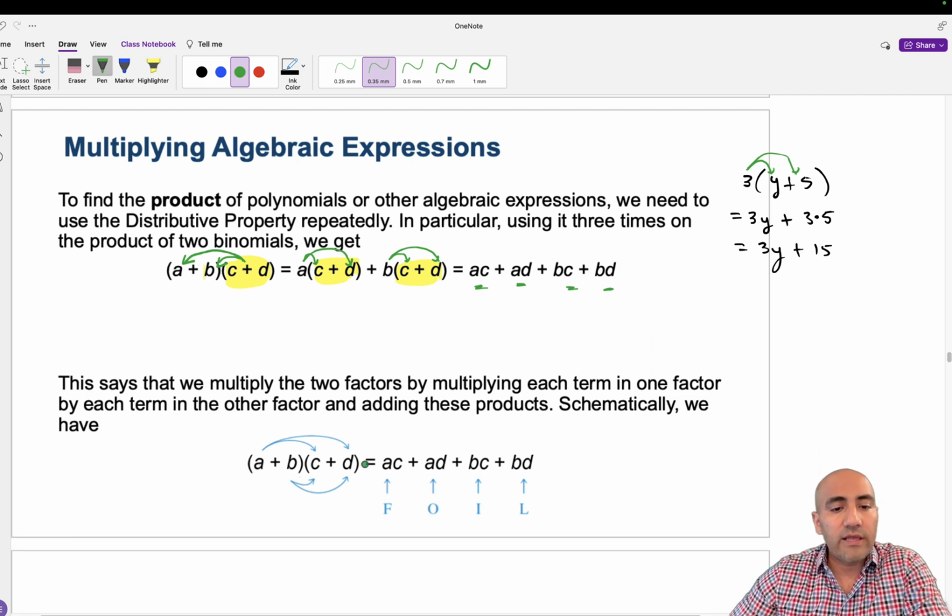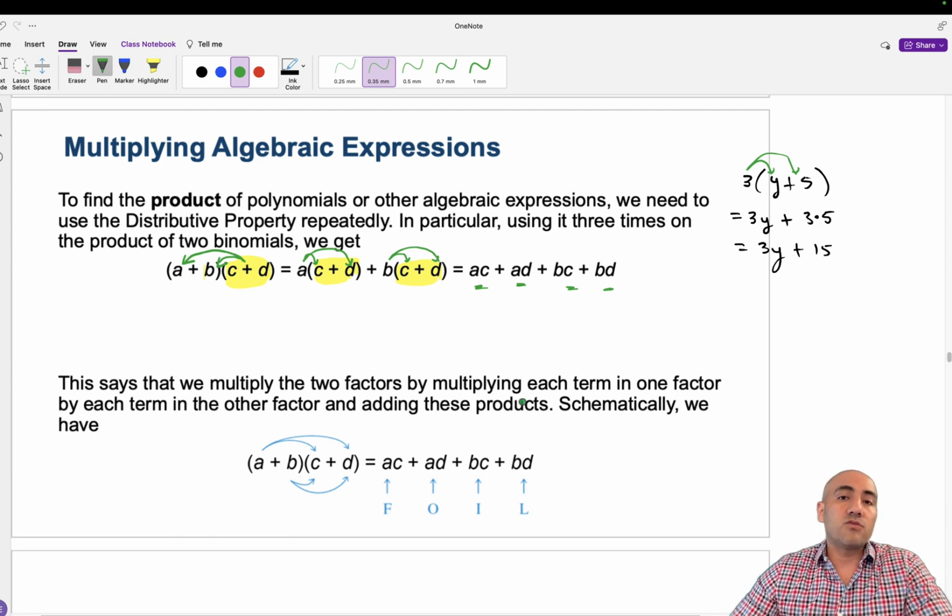If we have a binomial like this, we multiply the a times the c, that's the F, the first, the outer, the O, the a times the d to give us this, the inner to give b times c to give us that guy, and then the b and the d to give us that guy. So we get the exact same answer, right?